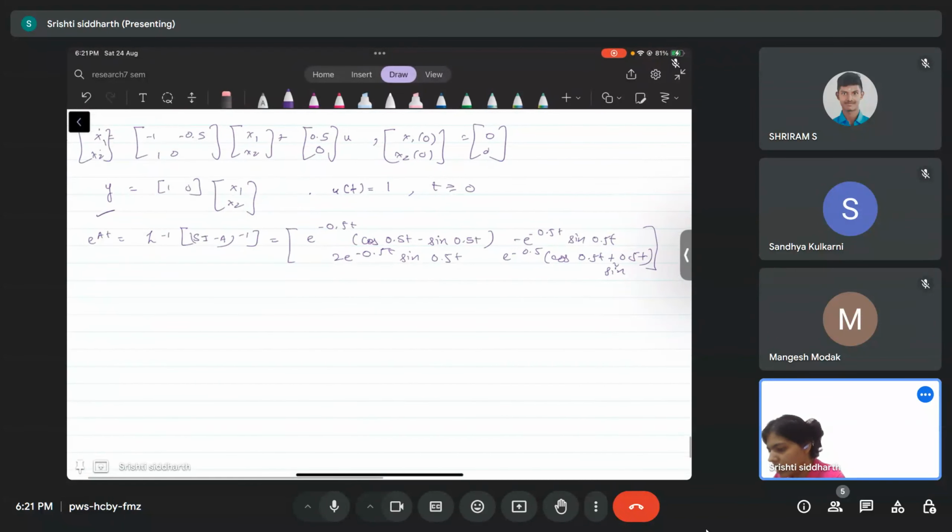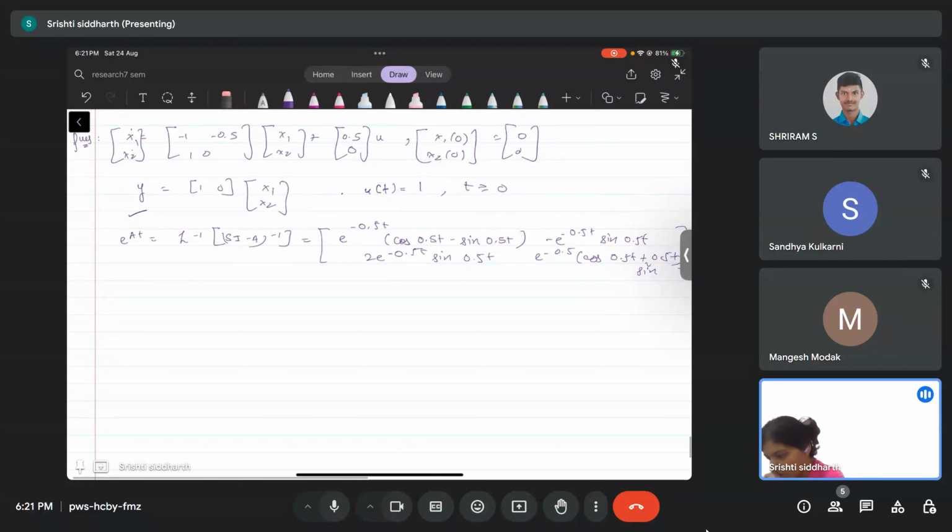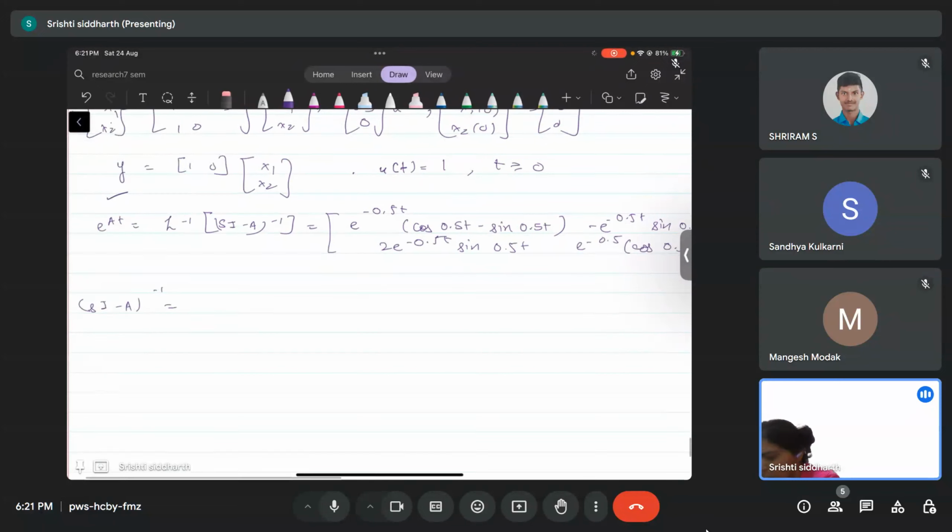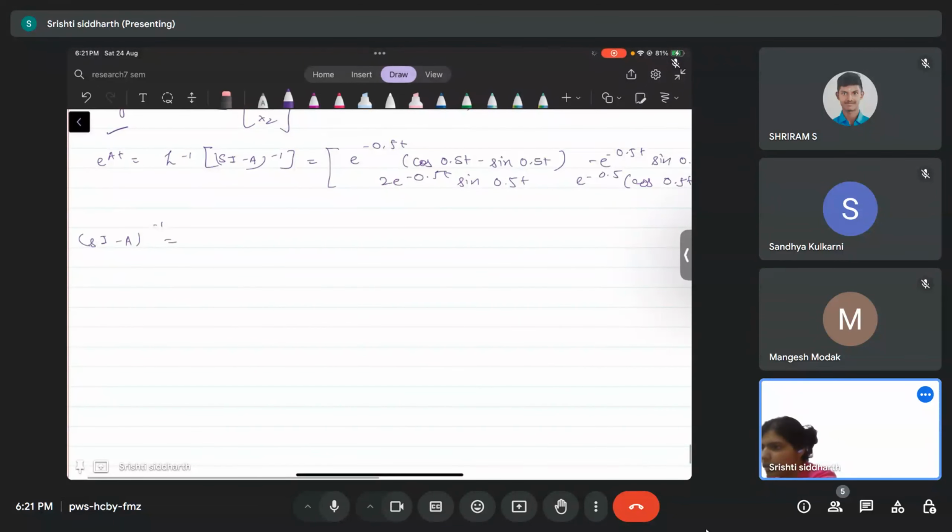So if you have not seen the Laplace inverse, how does it get to cosines and sines? Let me just show you. So I'm going to write this down directly. (sI minus A) inverse. This is a 2 by 2 matrix, so you know how to compute the inverse.